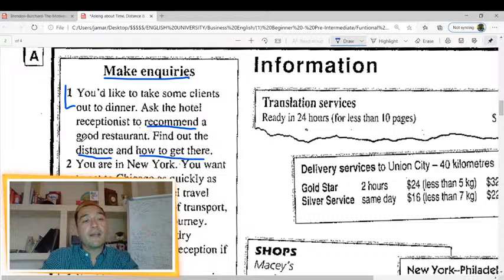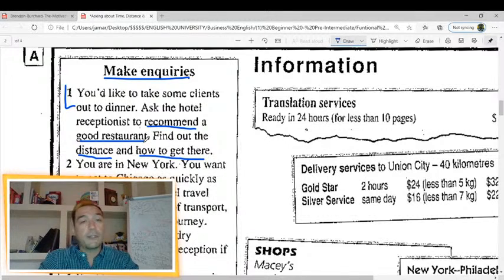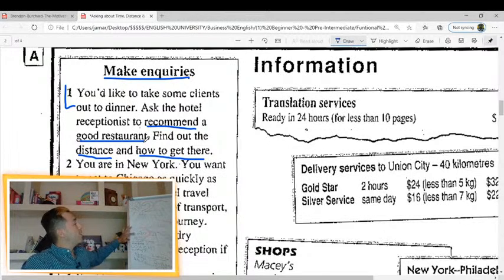Okay, so now you're going to be your client, and the client is asking you for a recommendation for a good restaurant. Let's make the question first. Okay, look. Info question. Question number 1. Good restaurant. What WH do we put for a good restaurant? We're going to make a question.